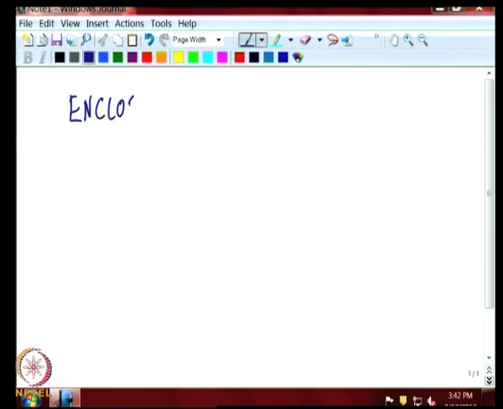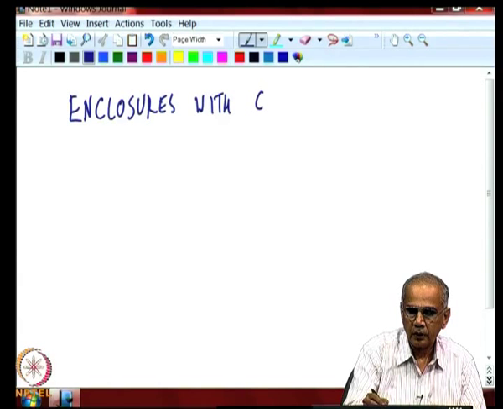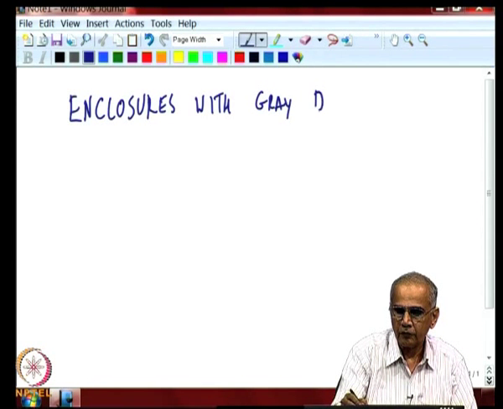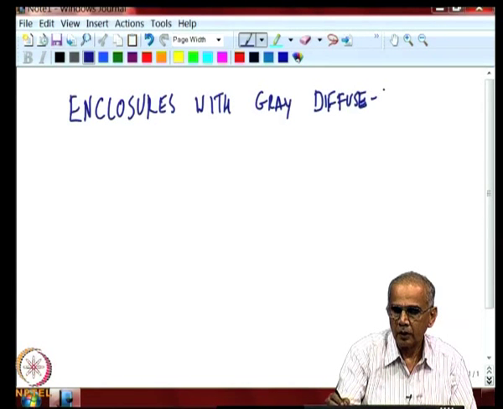In the last lecture we were looking at enclosures with gray, diffuse, isotropic surfaces.